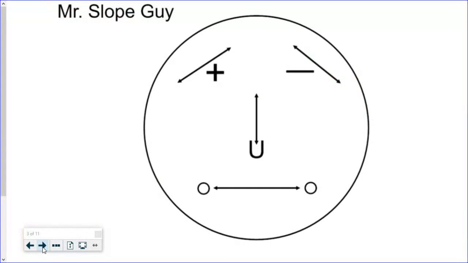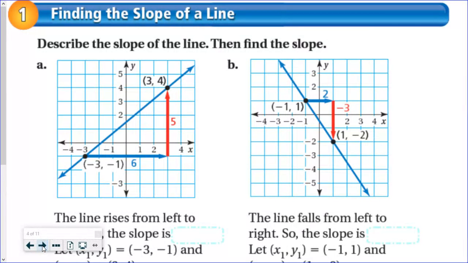Okay, again, Mr. Slope guy. Okay, so now I'm just looking. Part A here. Is it a positive or negative slope? It is positive. Okay, so now I'm just going to count. 1, 2, 3, 4, 5. Up 5, and you can see it corresponds here. 1, 2, 3, 4, 5, 6.